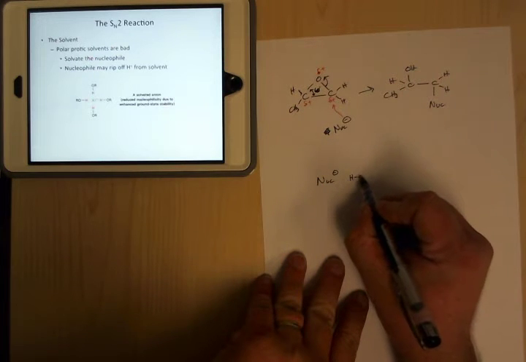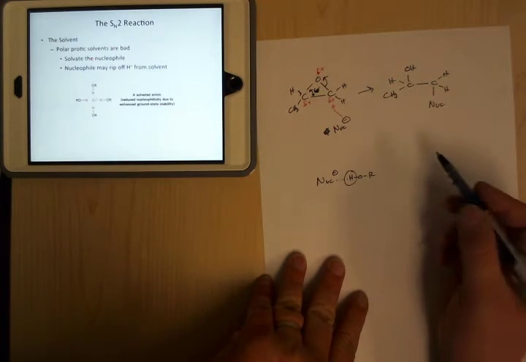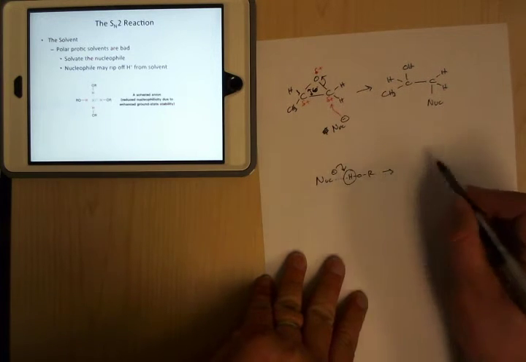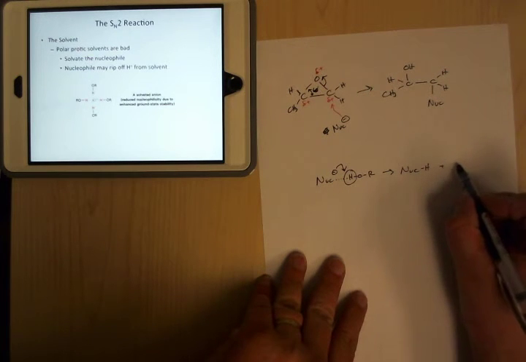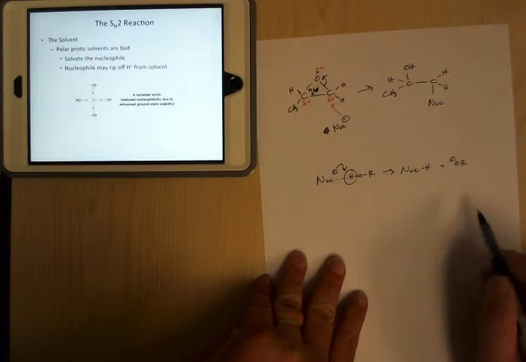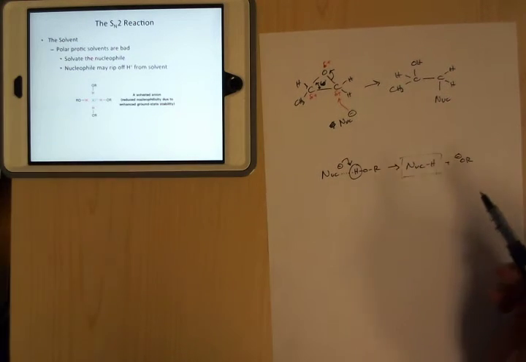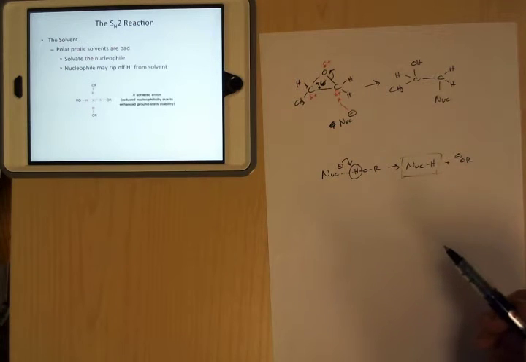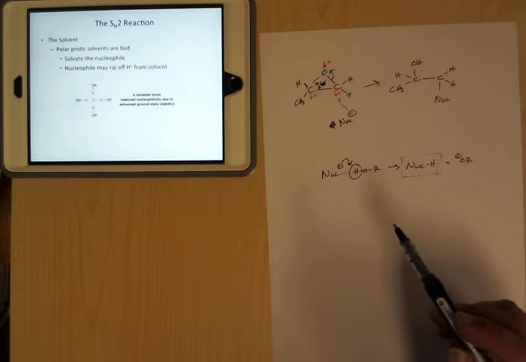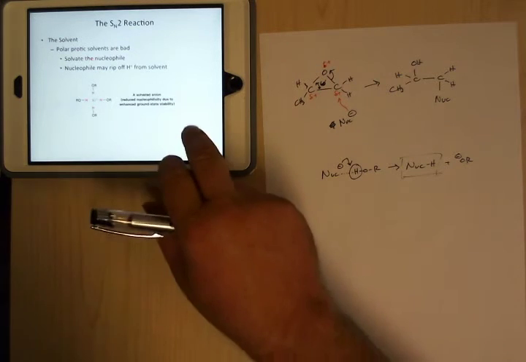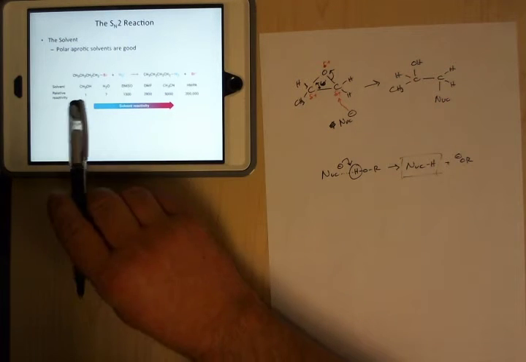So if you have an acidic hydrogen on there, it can react to do what bases do, and you form this plus your OR minus, and so now you've blown your nucleophile. You've just ripped it apart. So polar protic solvents are bad.